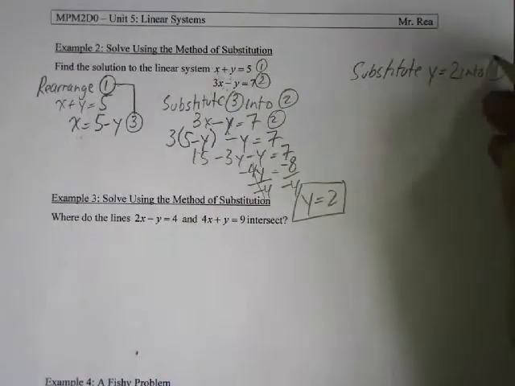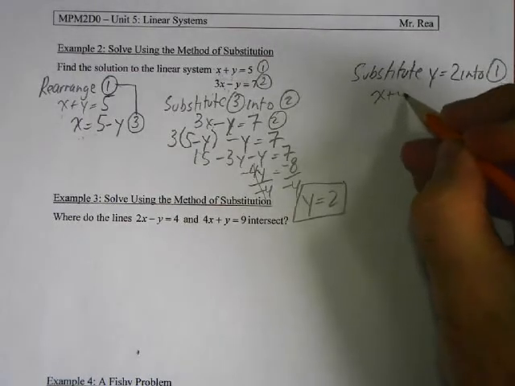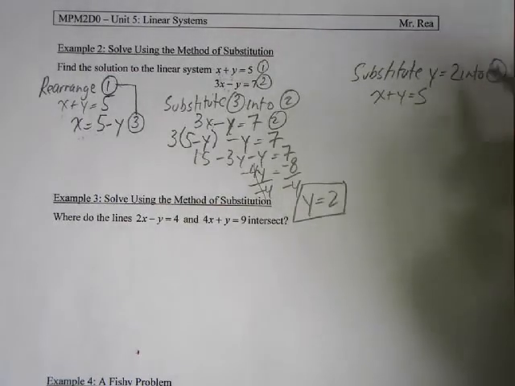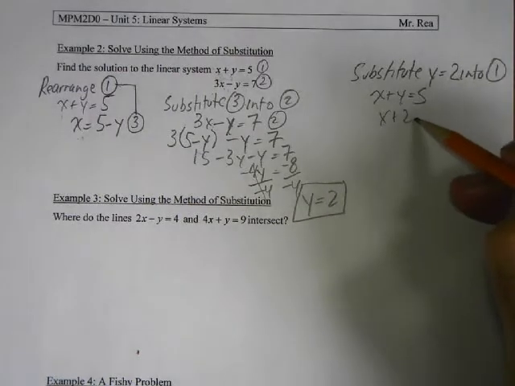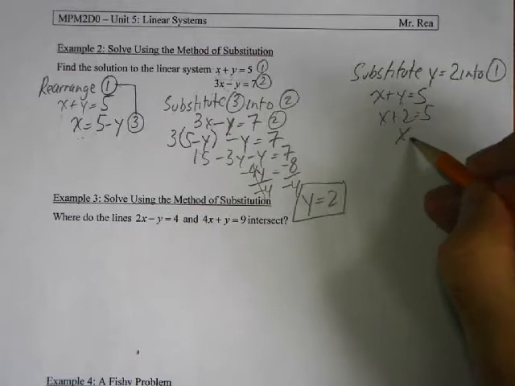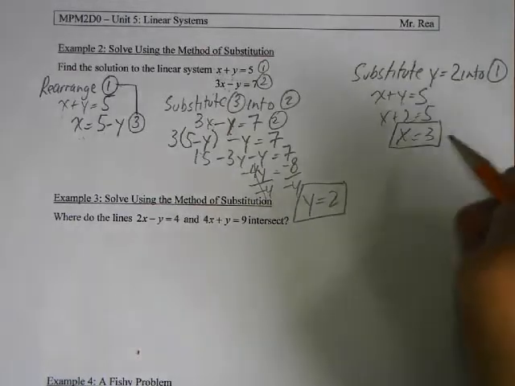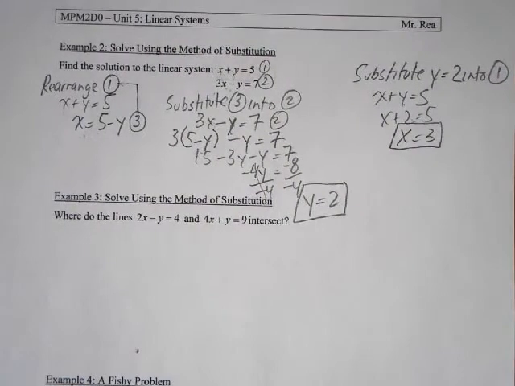There's really no advantage to either one. So x plus y equals 5. And then we're going to change the y to a 2. So that's x plus 2 equals 5. Subtract 2 from both sides, we get x equals 3. And that's our x coordinate of the point where these two lines meet.